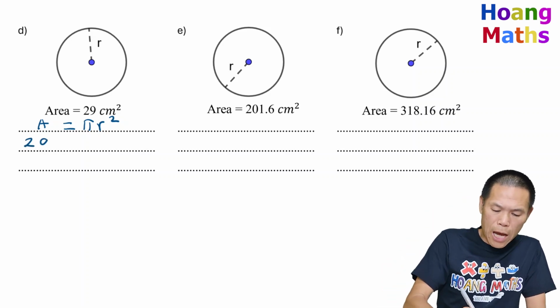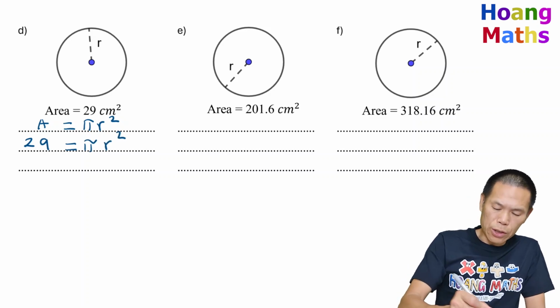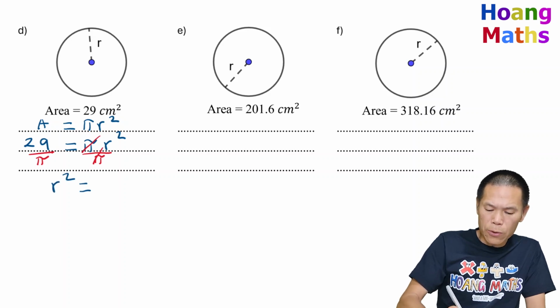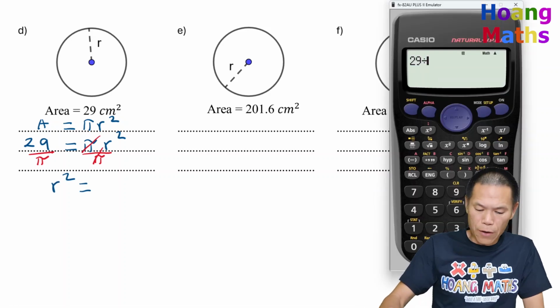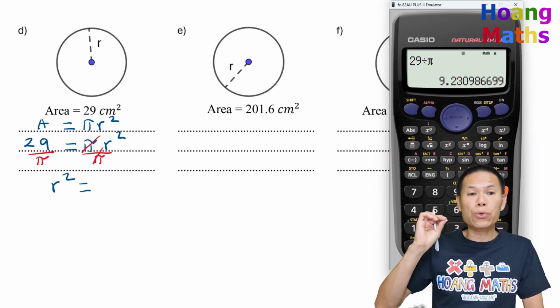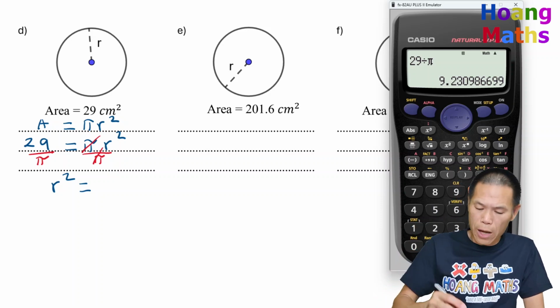So 29 is A, equal to pi times r squared. So I just need to divide this by pi, divide this by pi. That cancels out. So therefore, r squared equals 29 divided by pi. So there you go, 9.23 and so on.